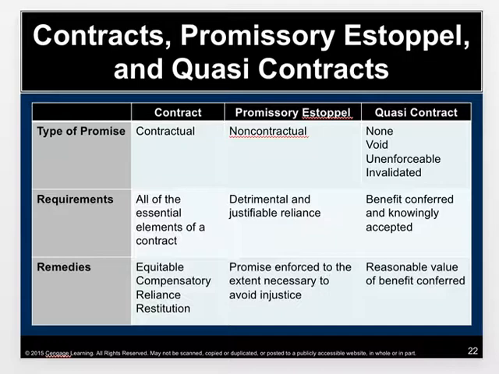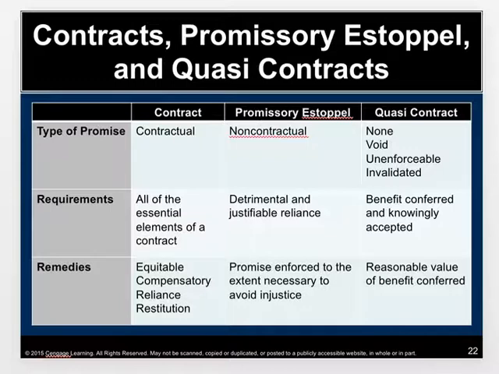Mutual assent, consideration, capacity, right? Those are the types of things you need to understand. And also understand the different classifications. They're not always easy to remember or easy to understand. Understand the difference of when you have a void, voidable, valid, or unenforceable contract as well.